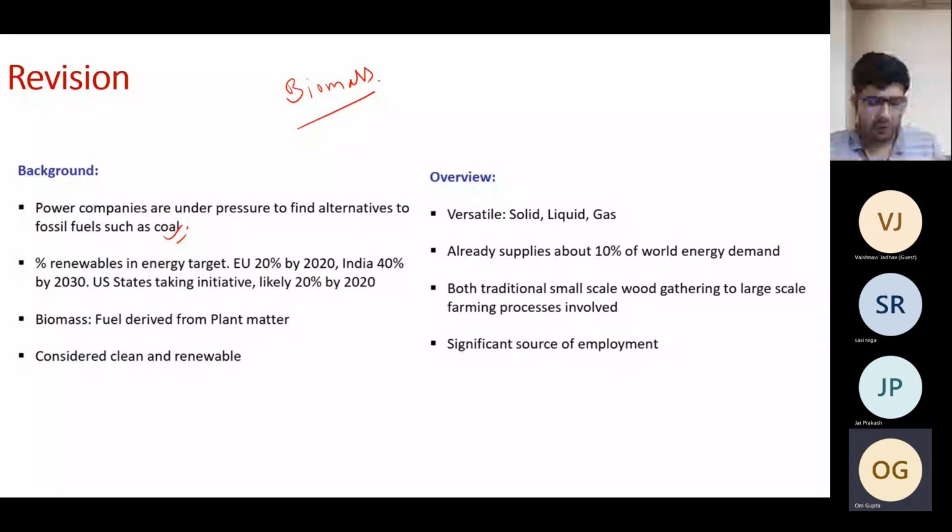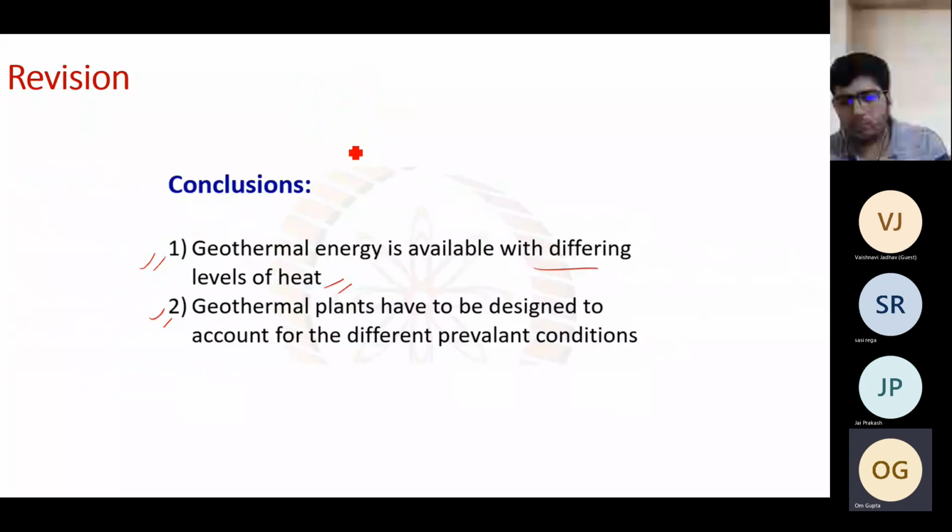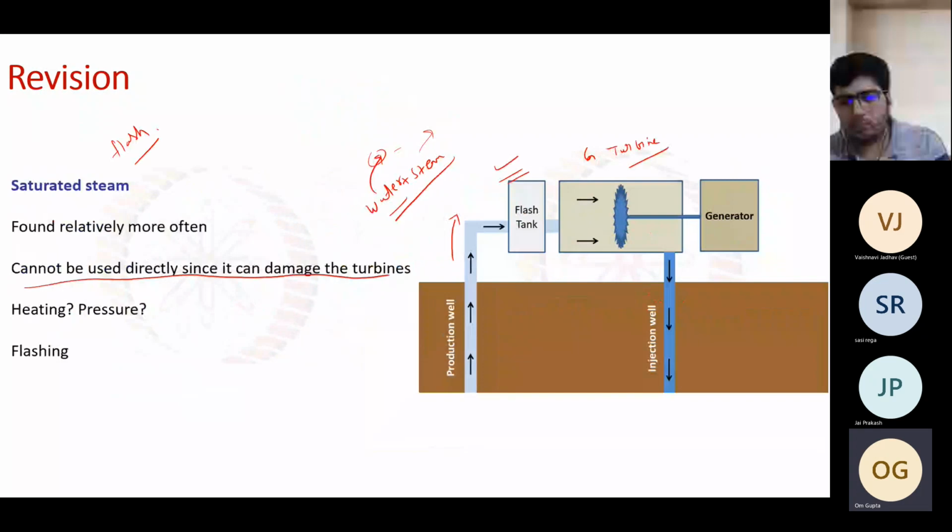Sir, I have one question. When I was seeing the slide, there is superheated steam which is being used, which is at very high temperature. Does the superheated steam also have water droplets?